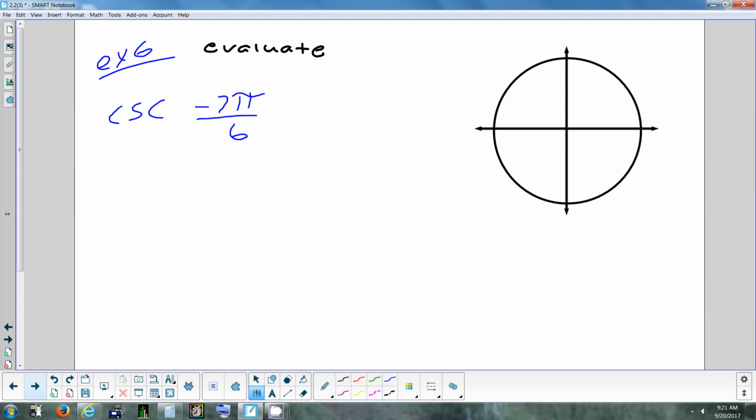Yeah, you're going to have to add 360 to it at least once. Okay? And then from there, you would draw your triangle, find the coordinate, and then once you get the y value, flip it. So any questions on how to do that, or if you saw one like that on the test, what you would have to do?